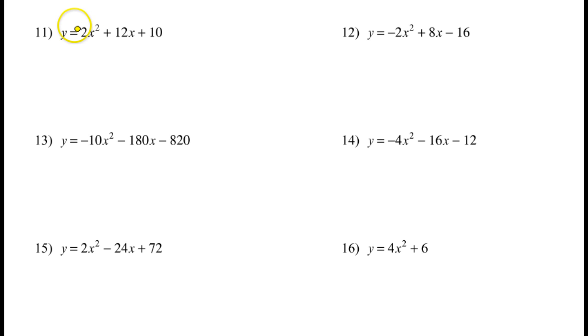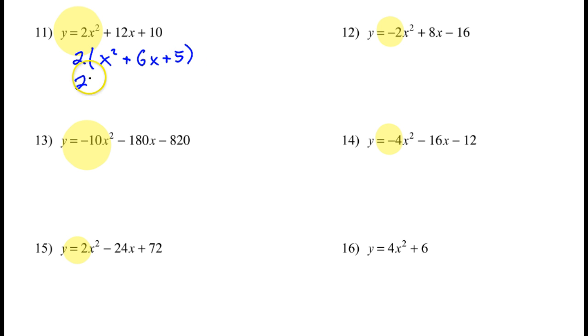So we had one little extra step when we had a 2, a negative 2, a negative 10, a negative 4, a 2. Whenever there's a number in front, we're going to do a GCF, take that out, which means divide. So negative 2x squared divided by 2 is x squared. 12x divided by 2 is 6x. 10 divided by 2 is 5. And then we'll do the same normal steps.